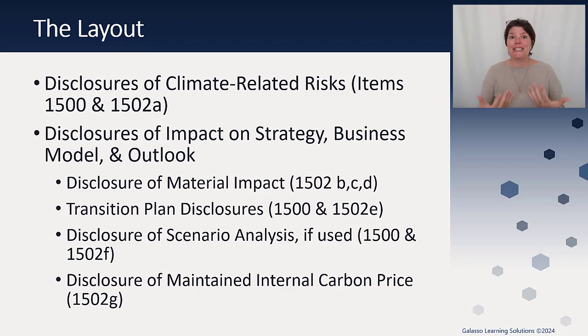There are going to obviously be disclosures of climate-related risks, as well as disclosures of the impact of those risks on strategy, business model, and outlook. And you can see here there are different sections within the guidance.